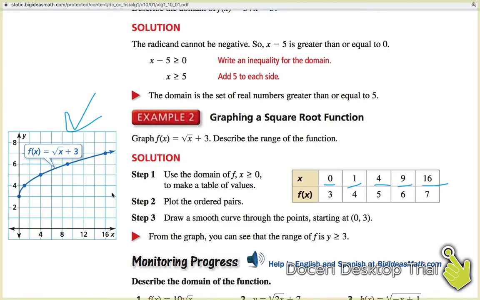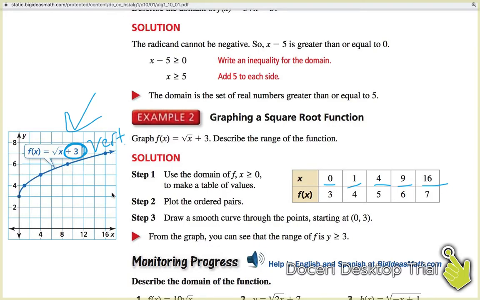So that's what we're going to concentrate on. Remember, anything that happens outside of the parentheses or outside of the absolute value, or in this case, outside of the square root sign, is a vertical change. So it's outside the square root, so it's a vertical change.